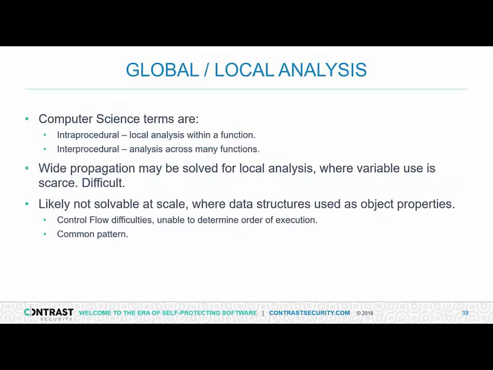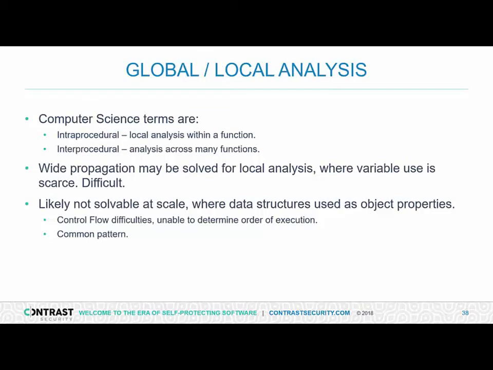And some other terms that we can use in terms of static analysis are things like global and local. Now, the official science terms for this are intraprocedural and interprocedural, but global and local are much easier to say. So intraprocedural is typically where something is done within a function or within a small scope.